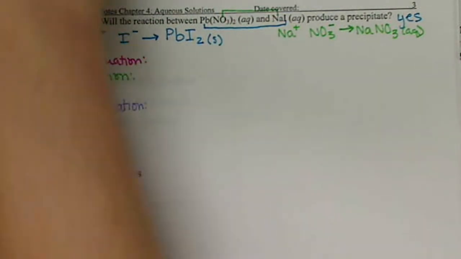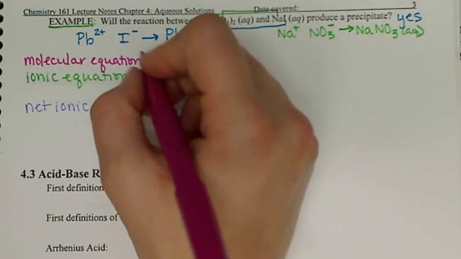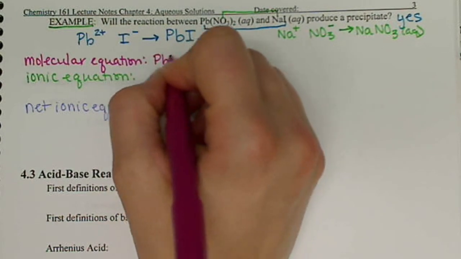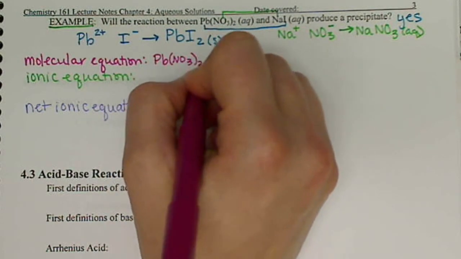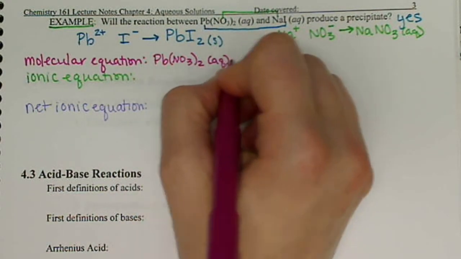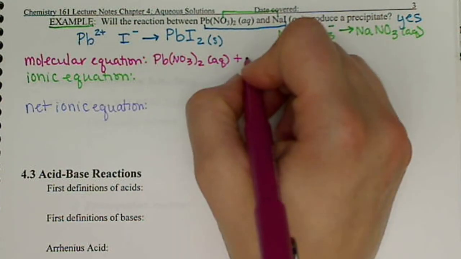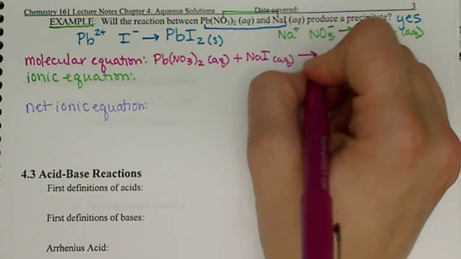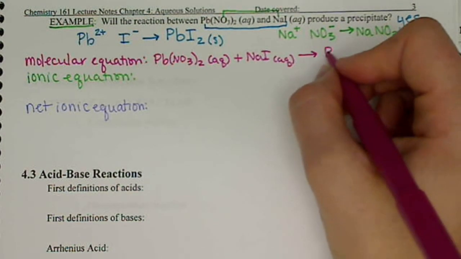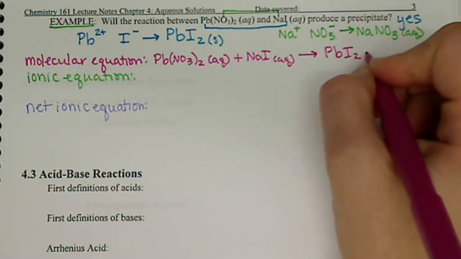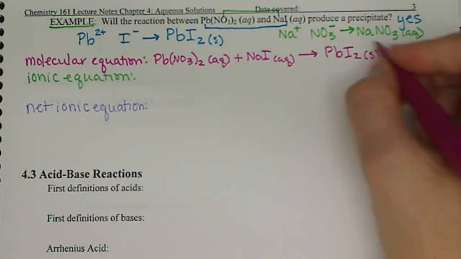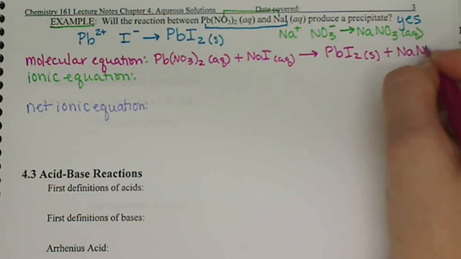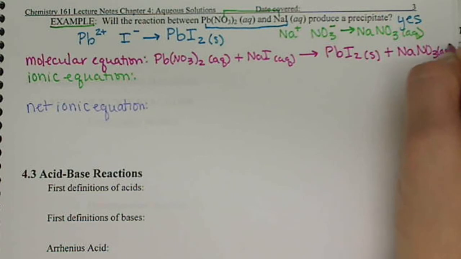So our molecular equation here, we have our reactants: Pb(NO3)2, that's aqueous, plus NaI, aqueous. This is going to form PbI2, it's a solid, and NaNO3, aqueous.